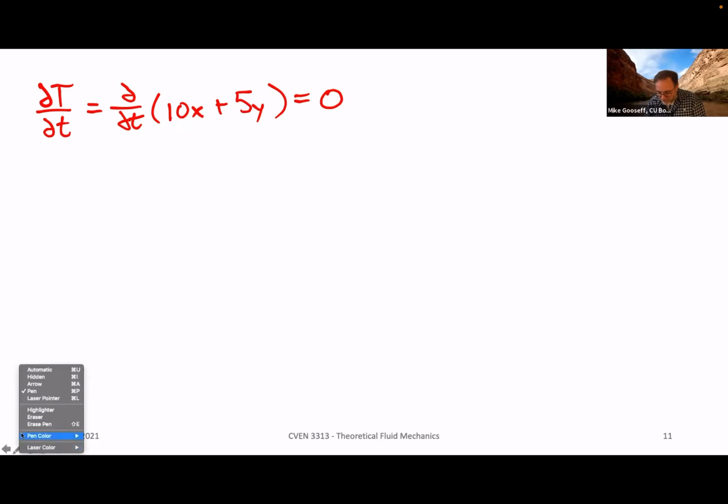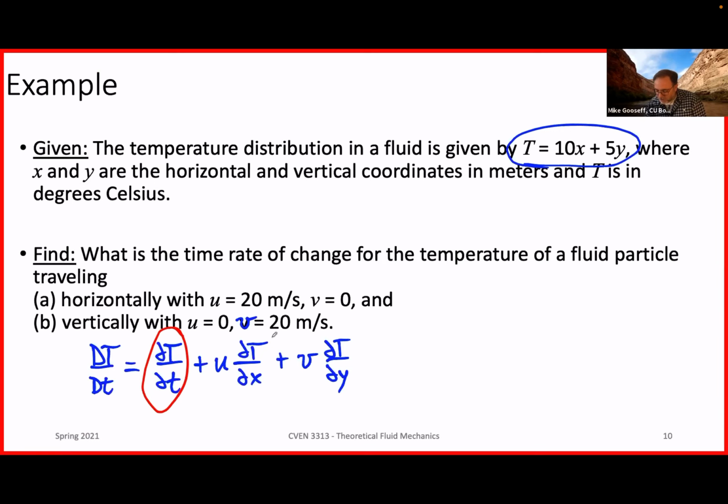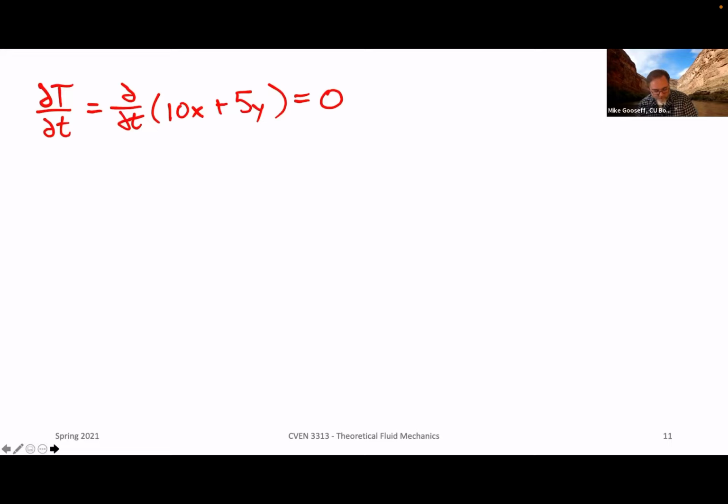Now let's change our pen color here. What was working? I think, let's see how bad magenta is. Let's see if that works for us. All right, let me go back to the previous slide and just note, so now we need to figure out this del T del x and del T del y. I guess actually, yeah, we'll just do both of those and then we'll bring them in.